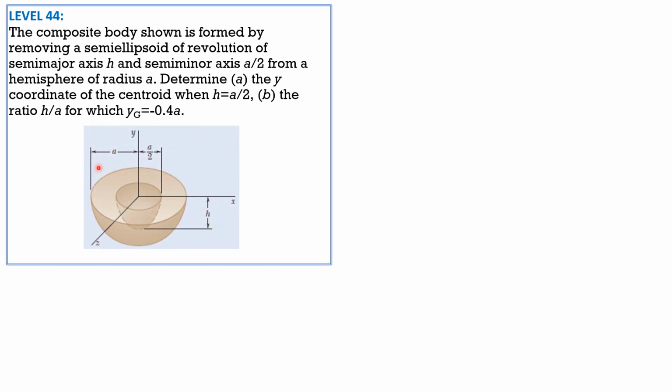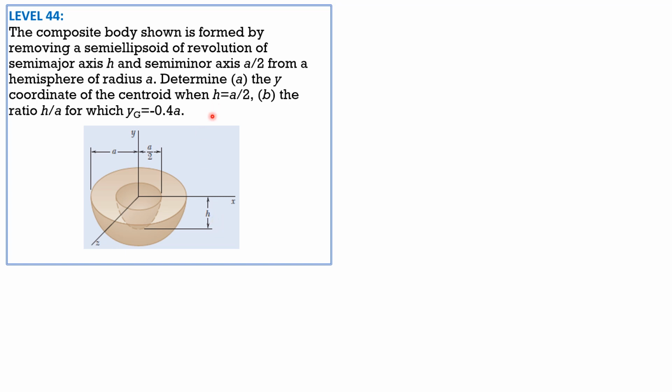So remember that for a hemisphere, the volume is 2/3 pi radius cubed, while for a semi-ellipsoid, the volume is 2/3 pi radius, which is a over 2, squared, times b, which in this case is h, and h is a over 2.